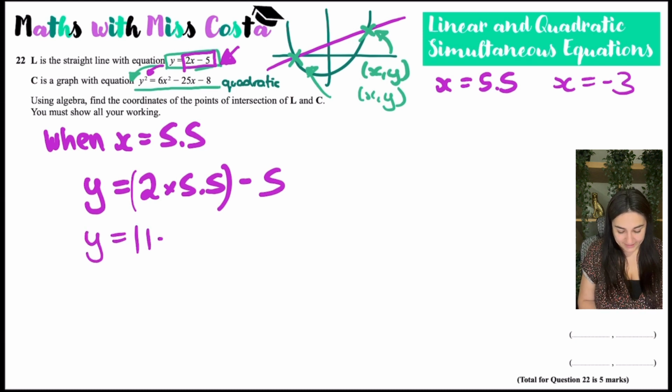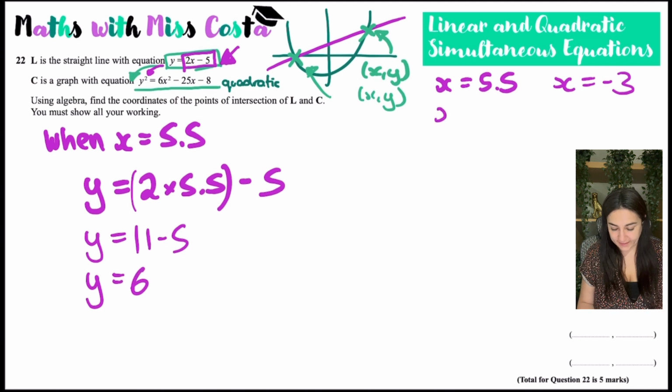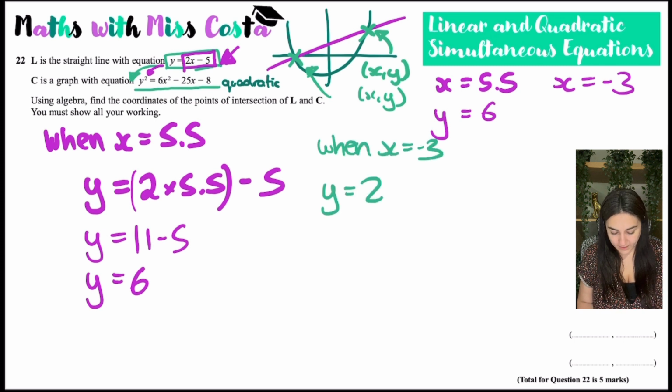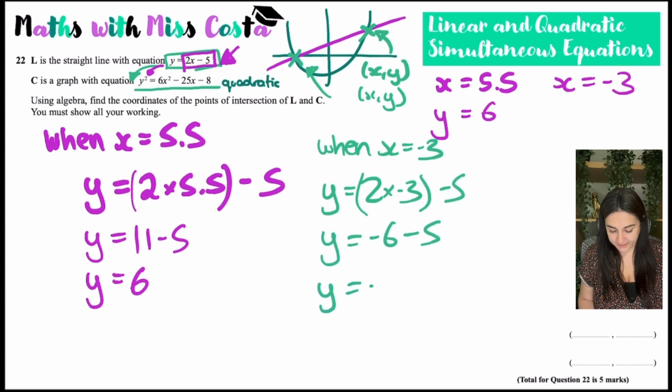So y is 11 take 5, and 11 take 5 is 6. So when x is 5.5, y is 6. And then let's do it for when x is negative 3. y is 2 lots of negative 3, take 5. So y is minus 6, take 5. So y is minus 11.